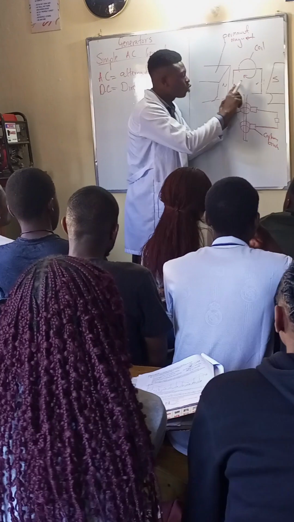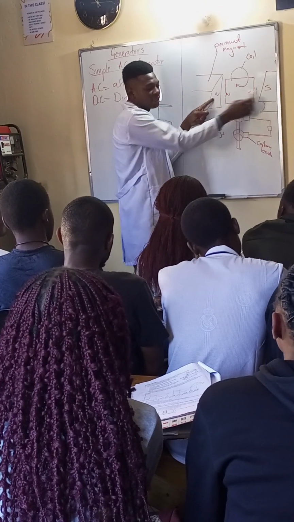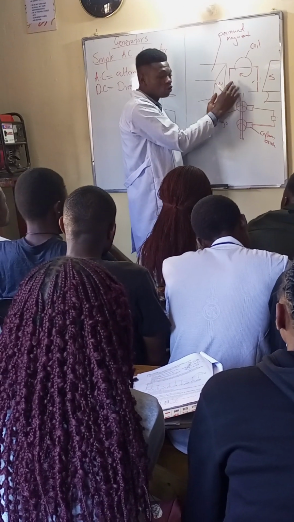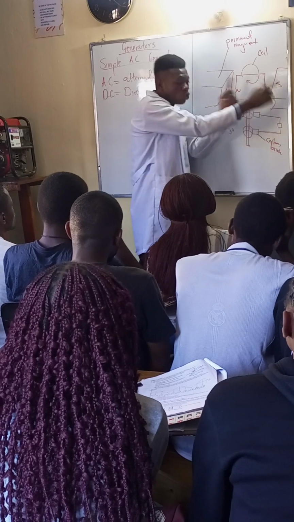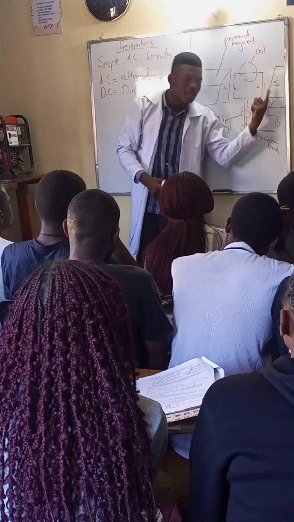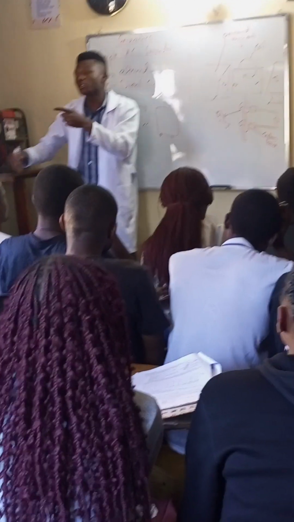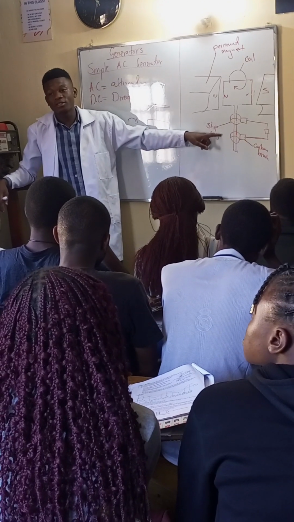You've seen that? Every time it is repelling, it can repel because there are magnets here. So when it repels, it will be forced around. Again, this side will switch position and be forced around. So the more voltage you have, the speed will depend on the voltage.